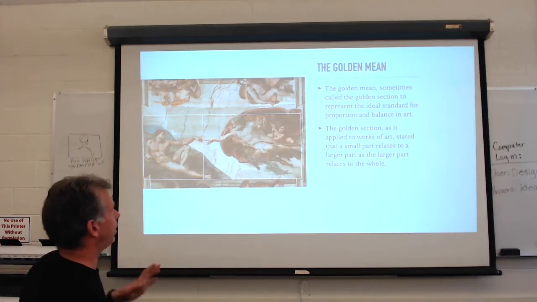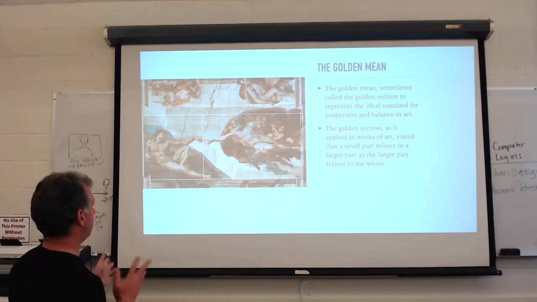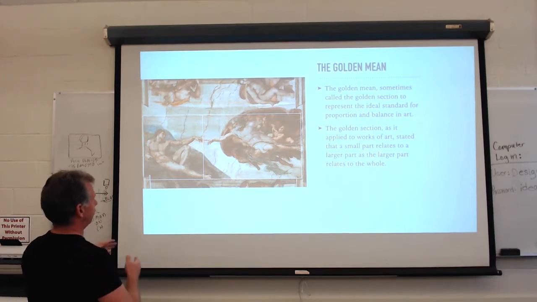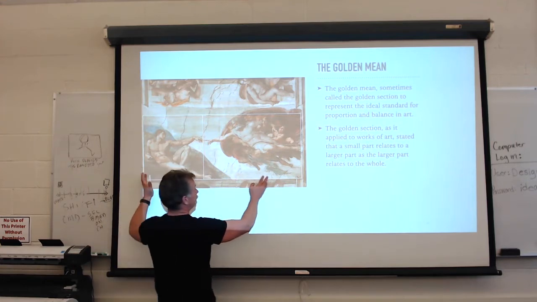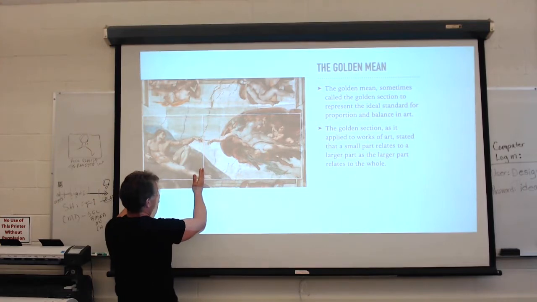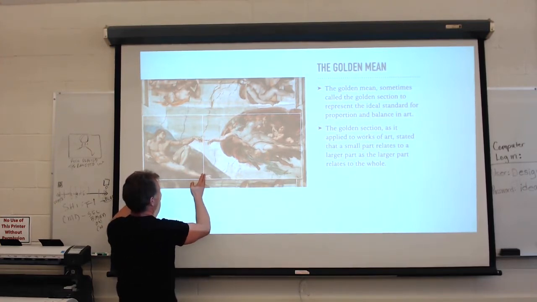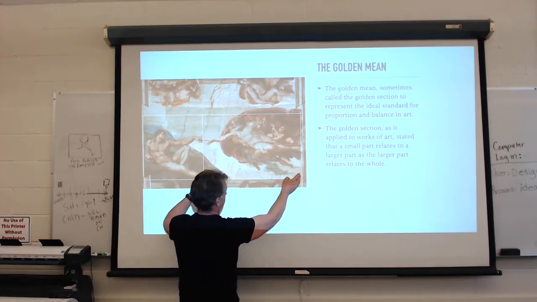Now, I've got an example here of Michelangelo with the Spark of Life or Birth of Jesus, depending on where you read about it. And we can kind of see that there's a relationship here. If we look at this right here, this is considered the golden average. We have a rectangle, golden rectangle, both are considered roughly the same. There's a little bit of difference, but we'll get to it. We look here, and Adam is 1/3 the size of God.